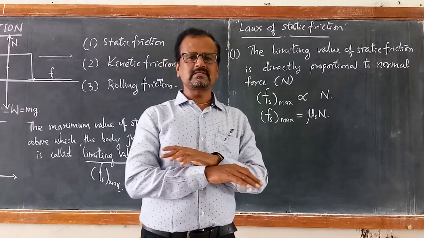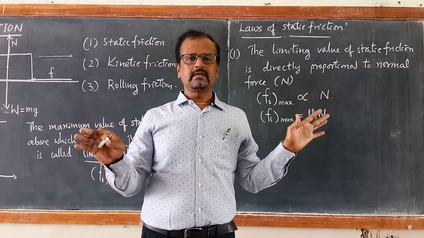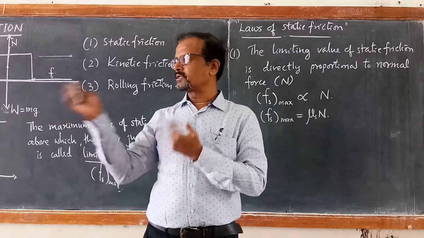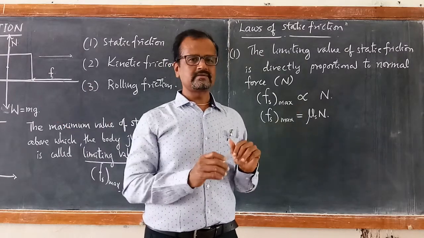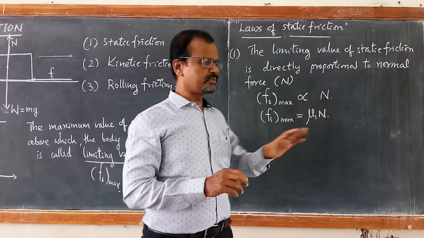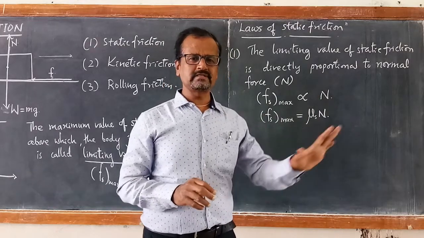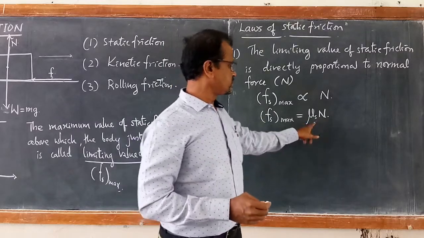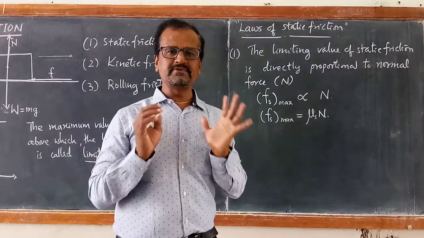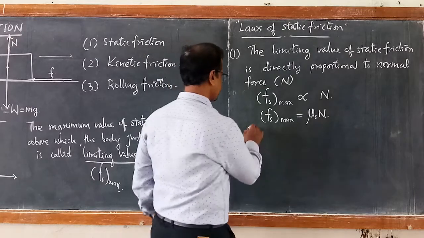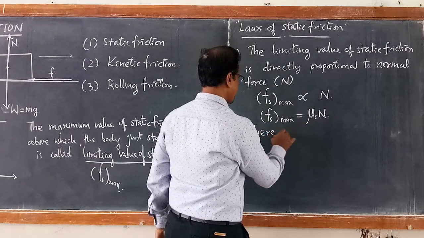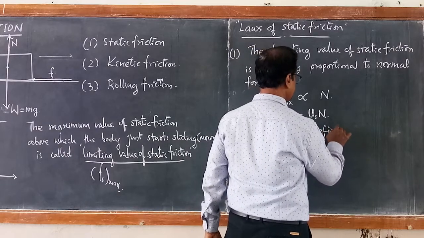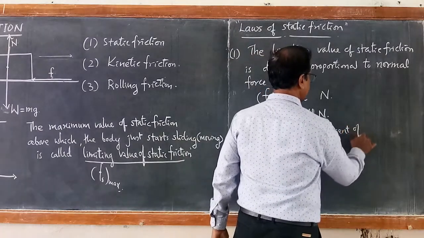If the surface is rough, like the quadrangle, tar surface, road surface, then it's very difficult to slide any object, and this μs value will be large. So μs is called the coefficient of static friction.